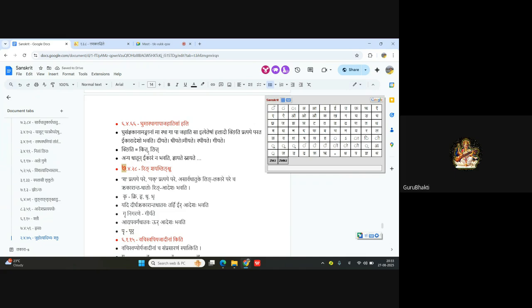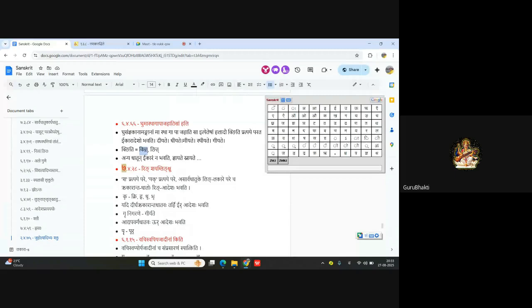Kit means what? Nit means what? Those pratyayas which have a kakara, and that kakara gets its sangya, are called kit pratyayas. Those pratyayas which have a nakara, and that nakara gets its sangya, are called nit pratyayas. If the kakara gets its sangya, then it is called kit.